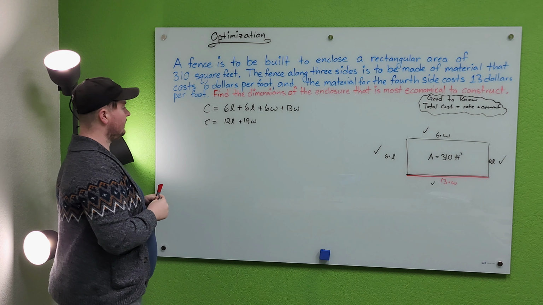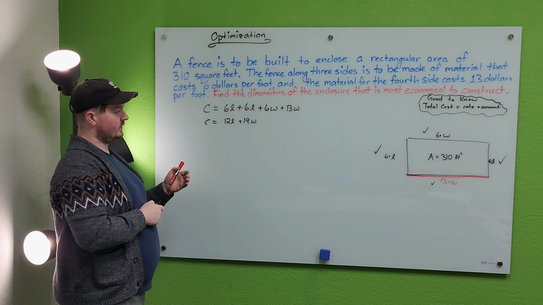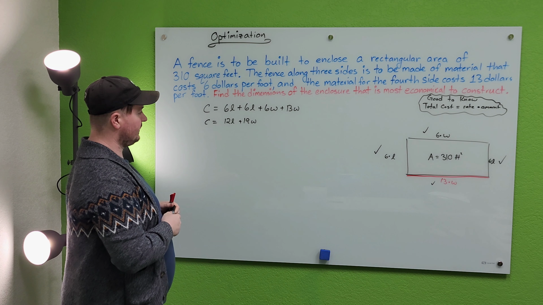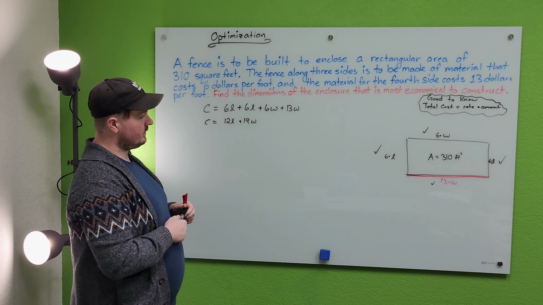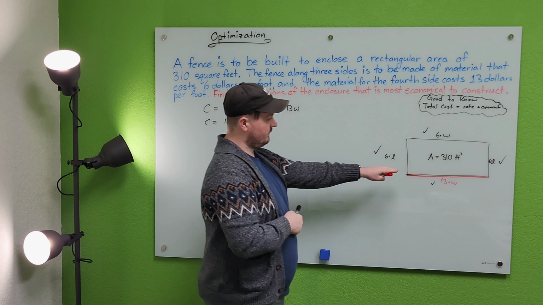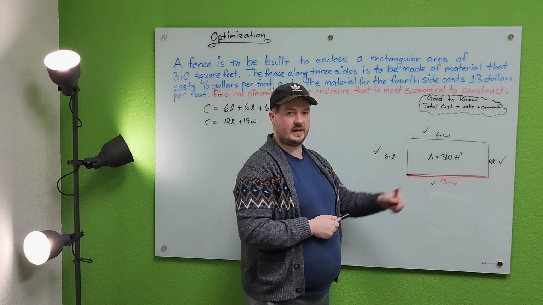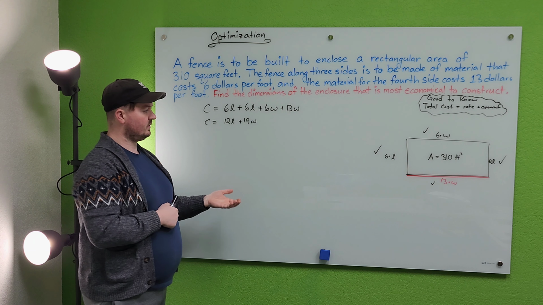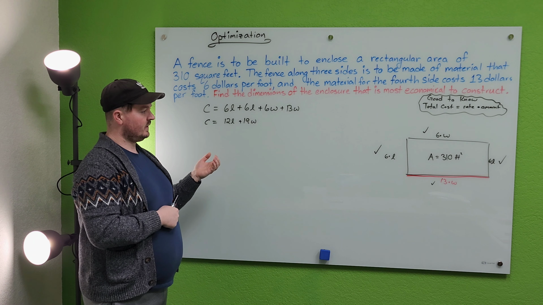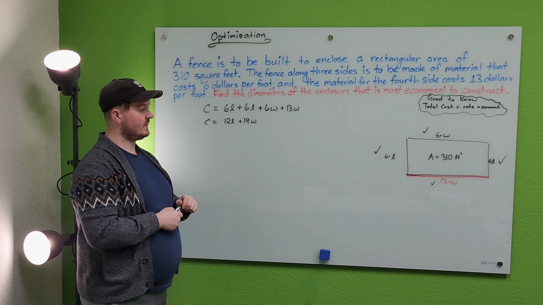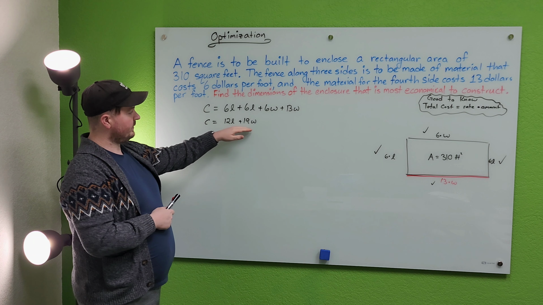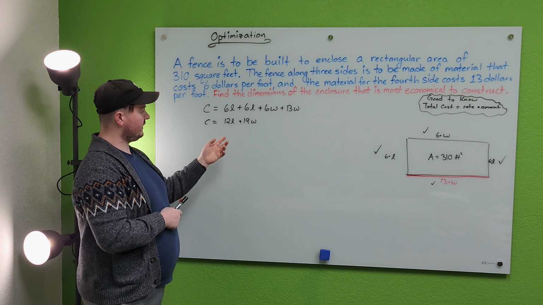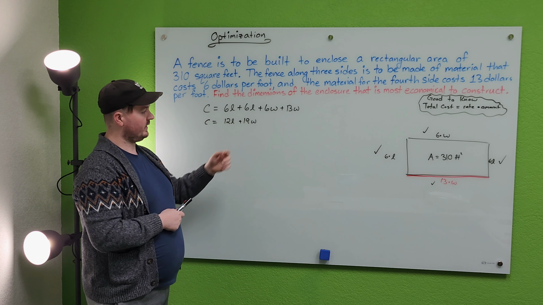So if we know the length and the width in terms of feet, we can have the total cost using this formula. But where does this square footage come into play? Since we're working with this problem in a first calculus class, we need this formula to have only one variable, either length or width.